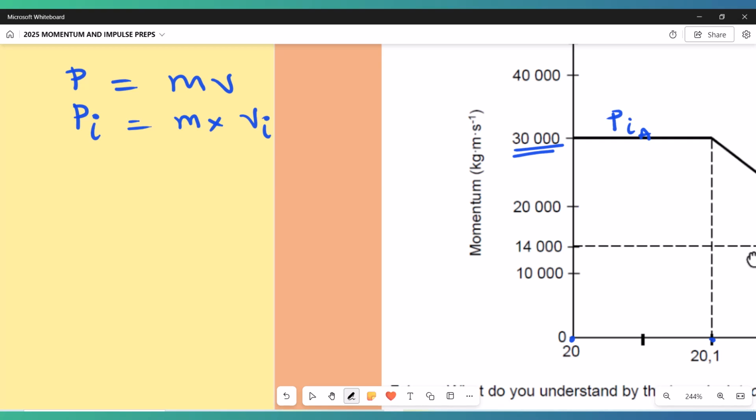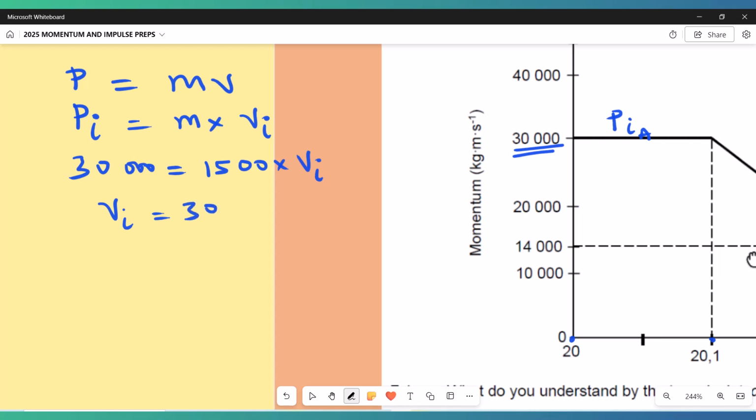The initial momentum is 30,000, and the mass is 1500, so 30,000 equals 1500 times v initial.